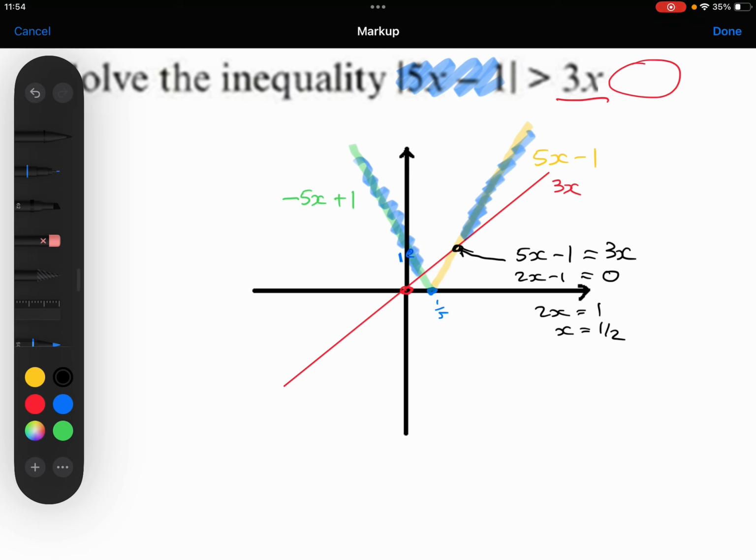So I can now say that if x has any of the values over here that are greater than 1/2, then the modulus will be greater than the 3x.